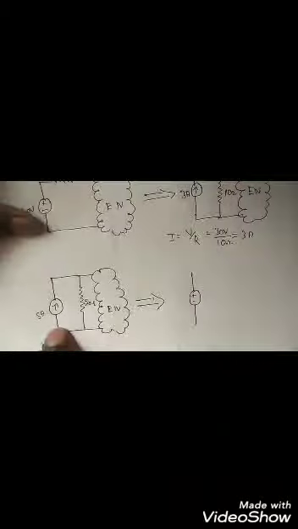Now we can convert this current source into voltage source by, let us take one voltage source. Here whenever we convert this current source into voltage source, the resistor will be in series with the voltage source.